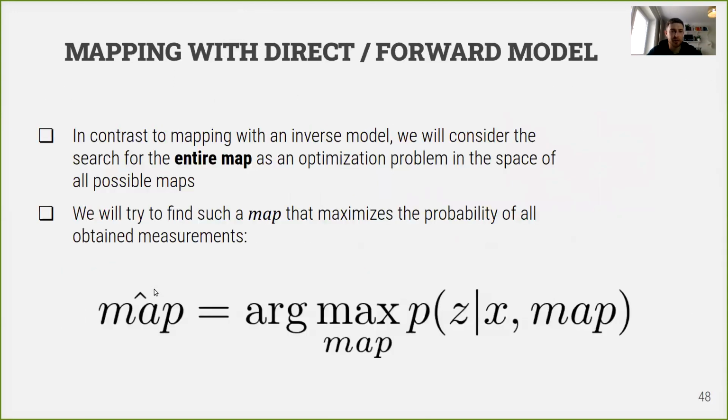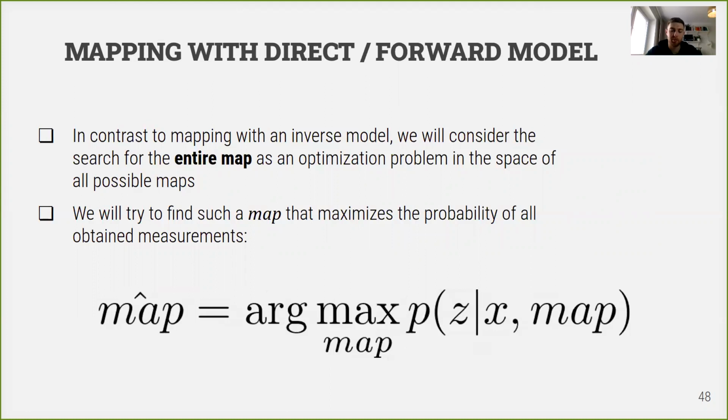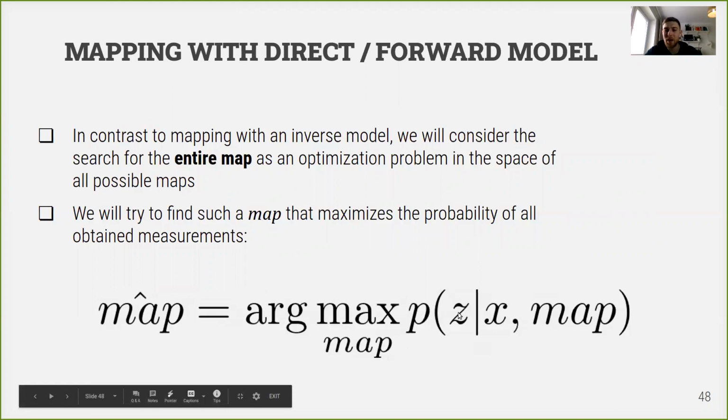So the idea of mapping with a forward or direct model is to consider mapping as an optimization problem in the space of all maps. And you can see here that we are trying to find the arg max in the space of maps given the probability of measurements. So for different possible maps, we are seeing what the probability of measurements given the map is, and making a decision that the map is correct or not correct.